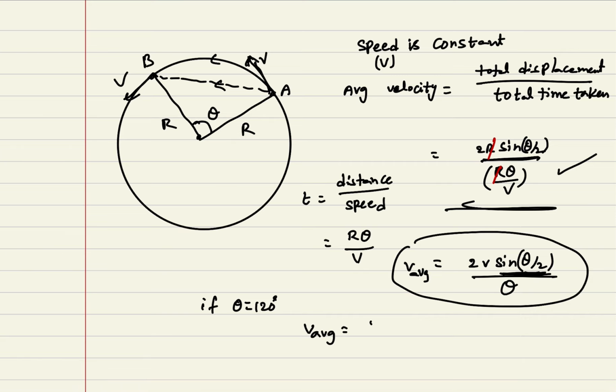If theta is equal to 120 degrees, then V average is equal to 2v into sin theta by 2, that is sin 60 degrees, divided by 2 pi by 3. You have to observe this.